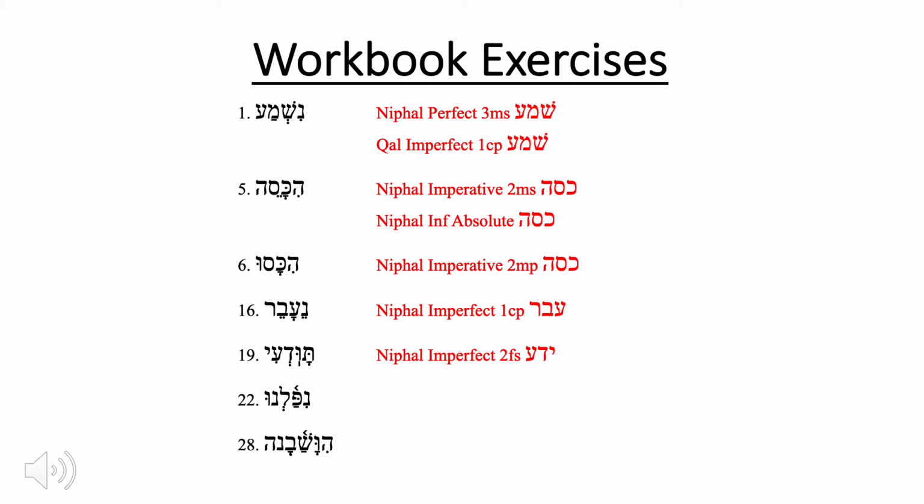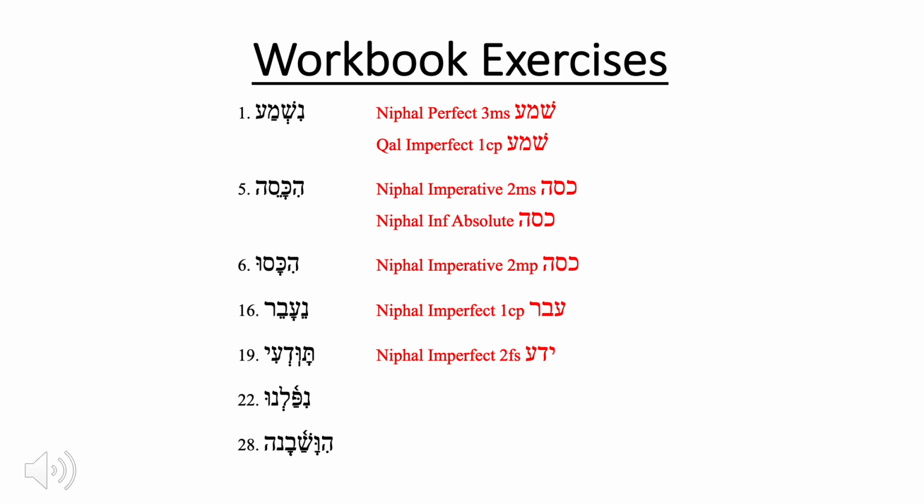The fact that this is a shureq, which is not really a shureq, it's actually a vav with a dagesh and a qamets. The vav is acting as a consonant, but the vav has shown up because this used to be a yod. And yod will historically go back to vav whenever there is a preformative. So here we have this irregular form where we have the vav acting as a consonant rather than a shureq. It's not shureq, it's vav with a dagesh. So this is a nifal imperfect 2fs.